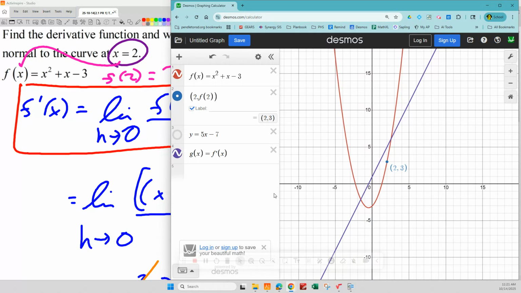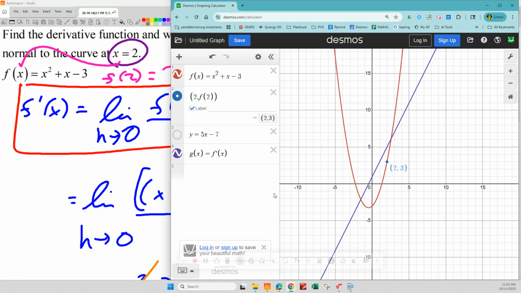But fill in the blank for me here. The value of the derivative equals what relative to the curve? What is the job of the derivative again? To calculate slope, exactly, instantaneous rate of change. So it's the slope of the curve, right?